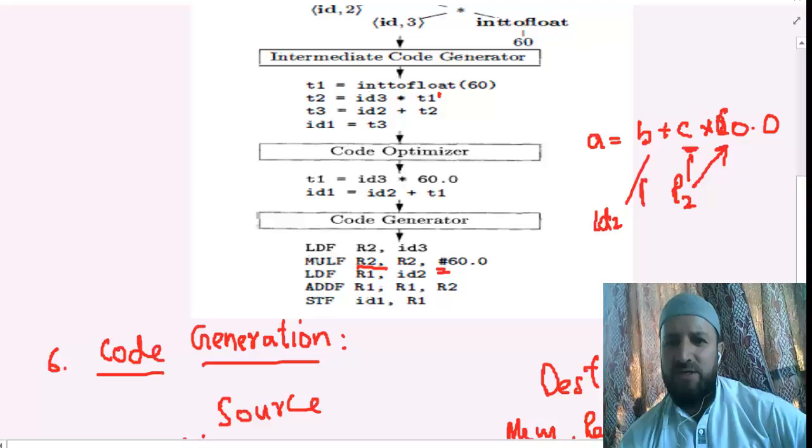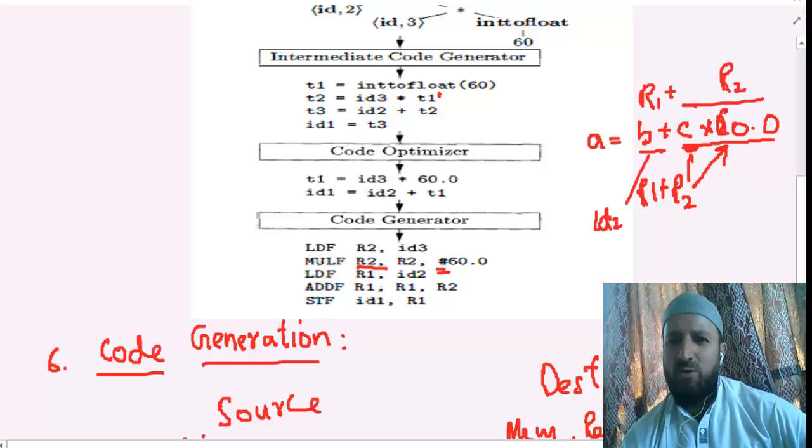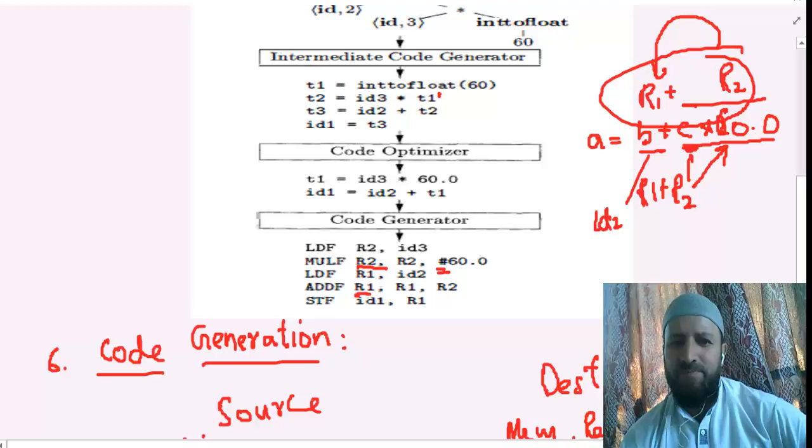We add these two because this is R1, this is now R2, the whole thing is R2, C times 60. We add them together and that is stored in R1 itself here. Okay, then we store the floating point into the address location of ID1, whatever is in R1, because now R1 holds the A. Okay, and A is actually ID1, so we have to drop into ID1 whatever R1 is holding.